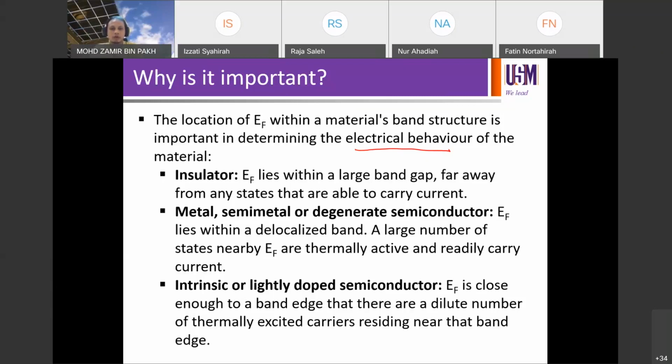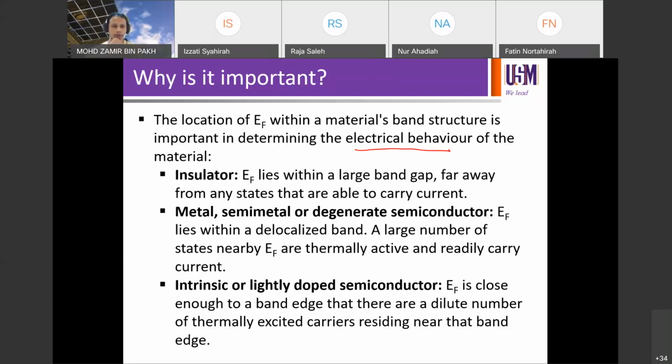So when we discuss the properties of the semiconductor material, before we even think about joining the P and N as a device, we need to know how and to what extent the position of the EF affects the electrical properties of the semiconductor.